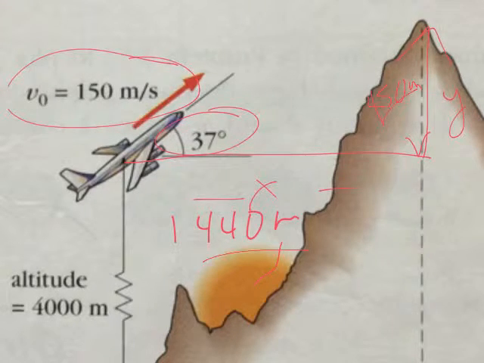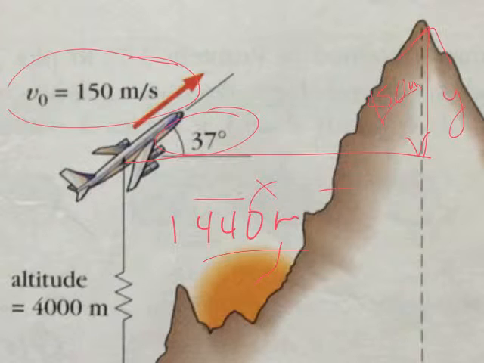Now, this is one of those fun problems because, what do you notice about the angle? Yes, 37 degrees. This is a 3, 4, 5 triangle, right? So you can figure out certain things.